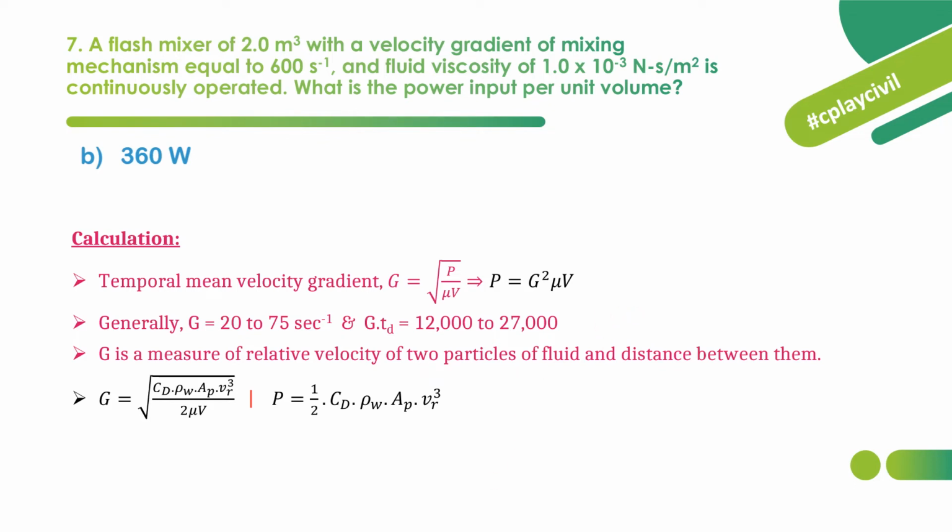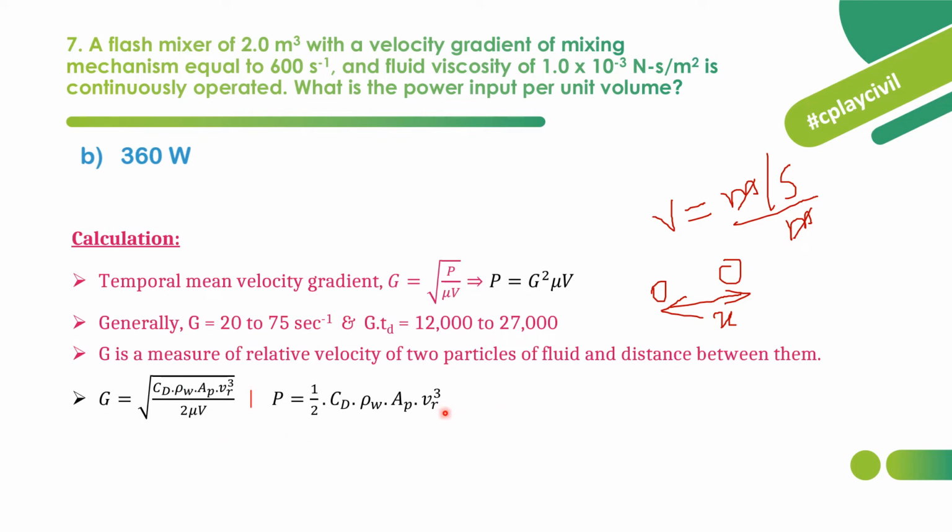If there are two particles with the distance between them as x, the velocity between two particles is in meter per second and the distance between them in per meter. So that is why we get the velocity gradient in per second. So this is nothing but a measure of relative velocity of two particles of fluid and the distance between them.